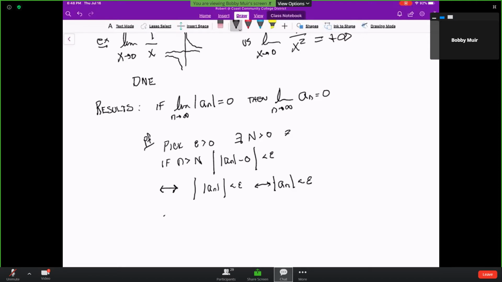And if we insert the 0 back again, the absolute value of a_n minus 0 is less than epsilon. So what this says is that the limit as n tends to infinity of a_n is also equal to 0. Now, all of this action is taking place as long as n is bigger than that.